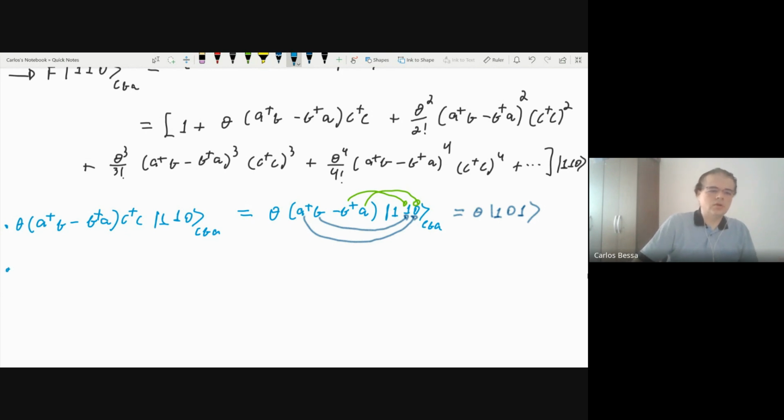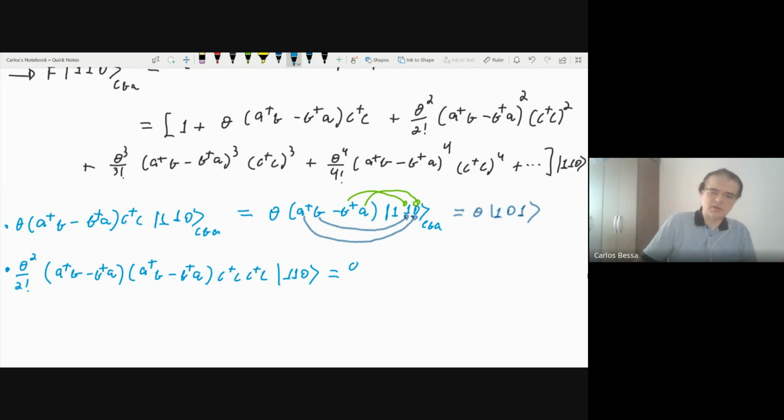Okay, so let's do the same thing here. The second. So this is basically A dagger B minus B dagger A multiplied by A dagger B minus B dagger A. It's this term that I call square. And C dagger C, C dagger C, applied to this state 1, 1, 0.